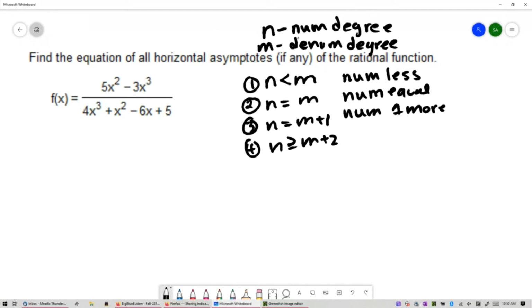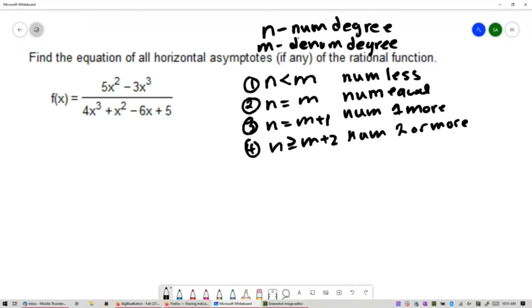And the last one is where the numerator degree is 2 or more, or I like to just generalize it and say a lot more. So we need to figure out which case we're in, and the horizontal asymptote is described in each one of these cases. So let's figure out which case we're in, and then I'll describe what our horizontal asymptote is in each of these cases.